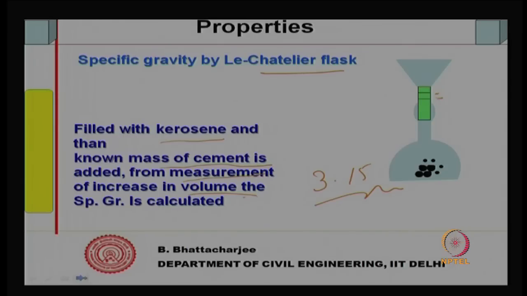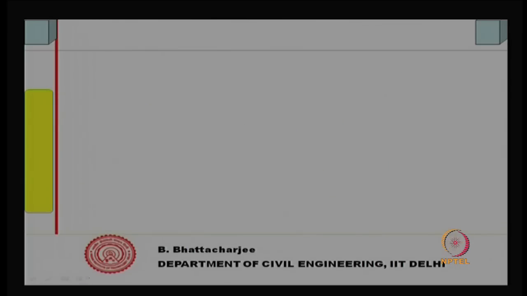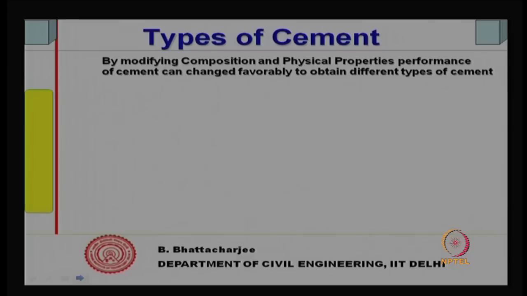Right. So, I think this is what largely we wanted to discuss today, but I will discuss types of cement in the next class, because what we know is the hydration process is a function of the compound composition.